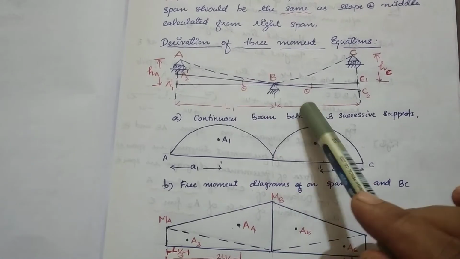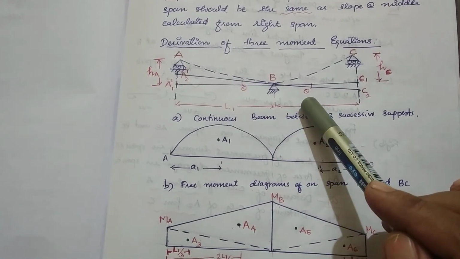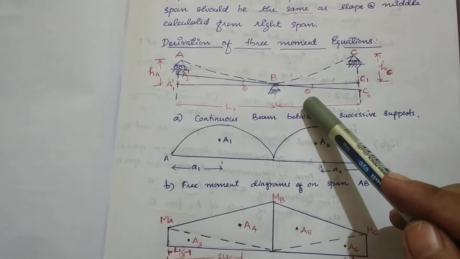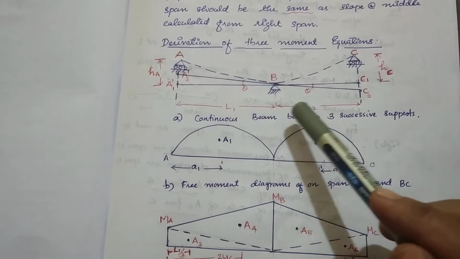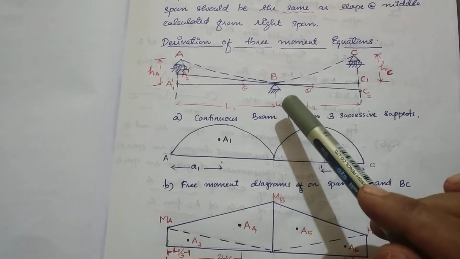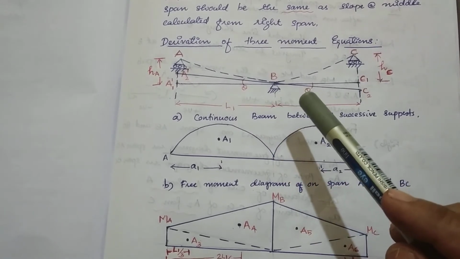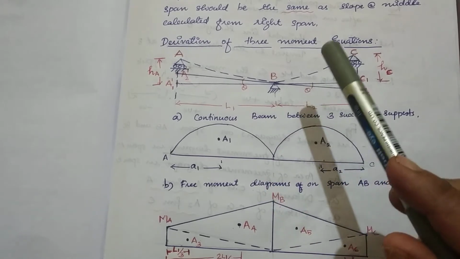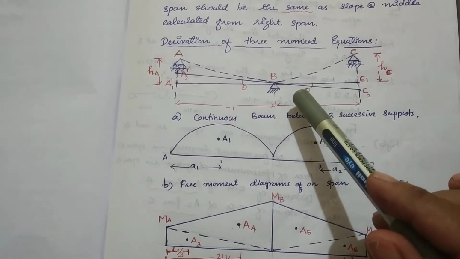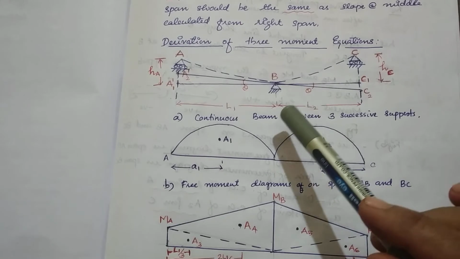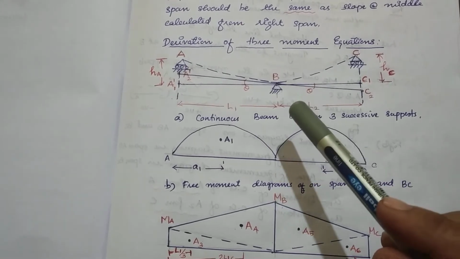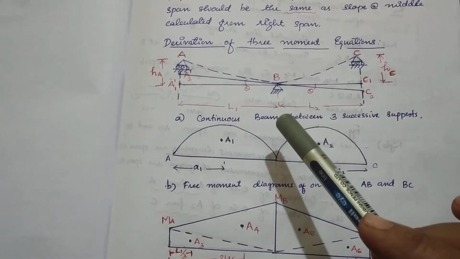That is our consistency equation. So we get an additional equation in addition to our three equilibrium equations.